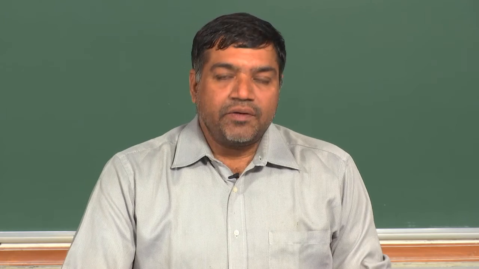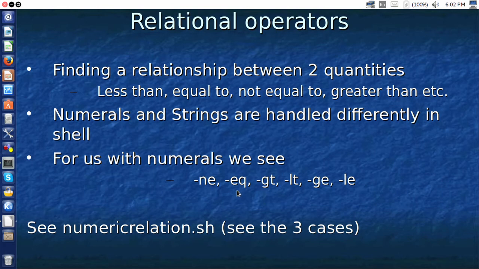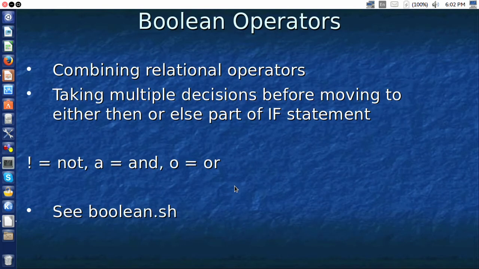When it is equal, we say that the statement becomes true. So, we can combine such multiple decisions using the relational operators, and we can insert this decision making process into the if statement part. We will see this with an example.